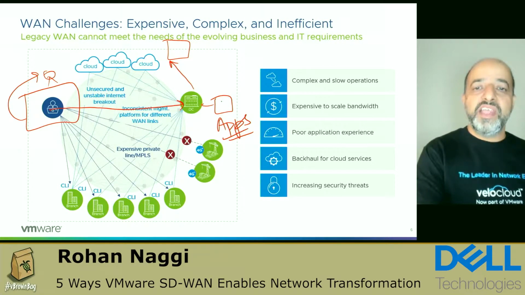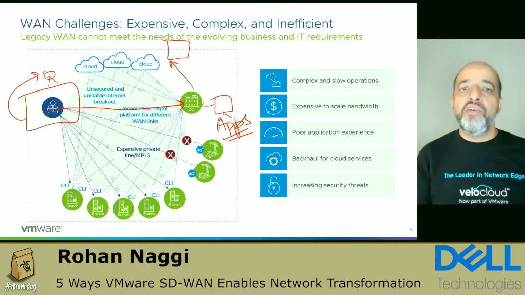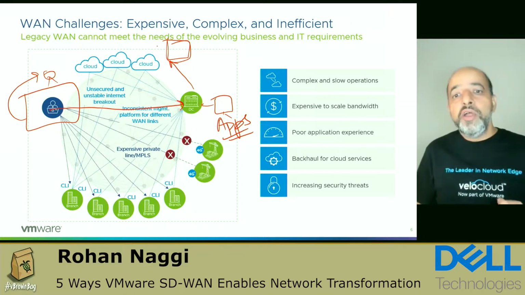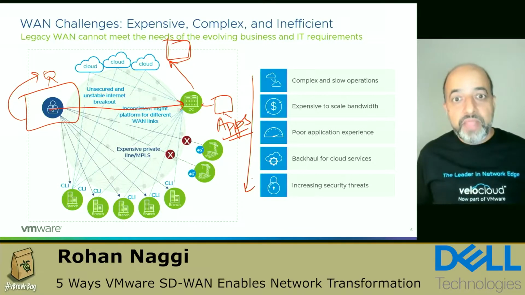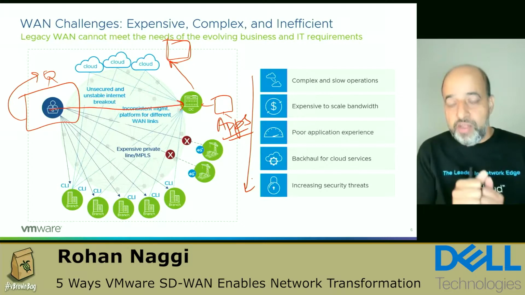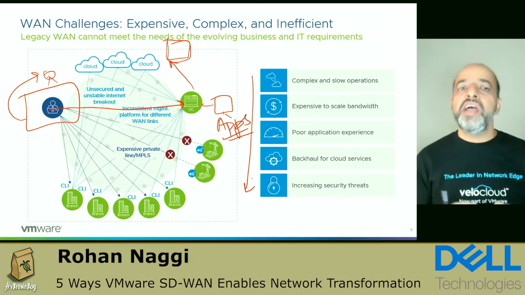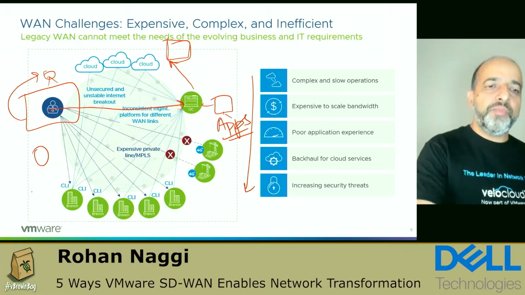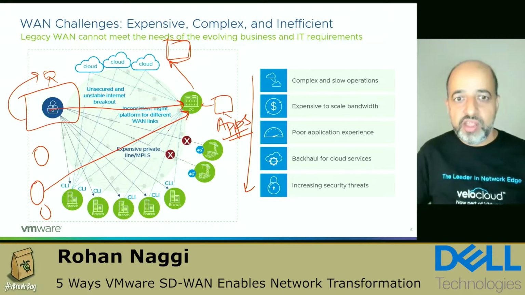How do I access company applications securely, or applications which are in the cloud? And this leads to other problems, which I have listed out here, like scaling problems. At the same time, the biggest drawback of the legacy architecture is the hub and spoke model. Every bit of traffic from these spokes, from these branch sites, has to go to the data center where the hub is installed, which increases the latency.